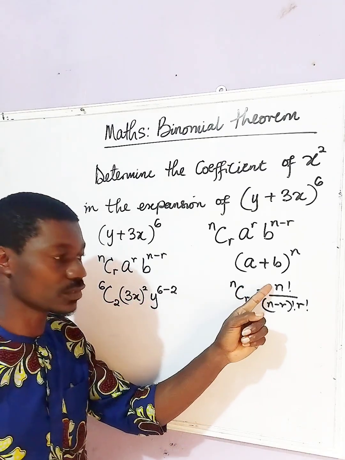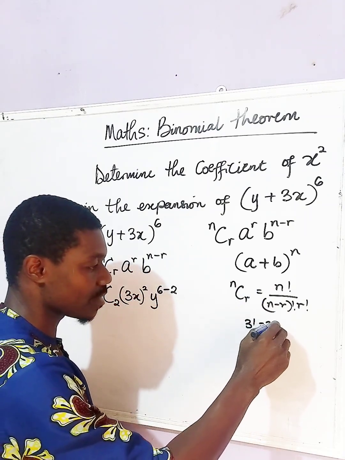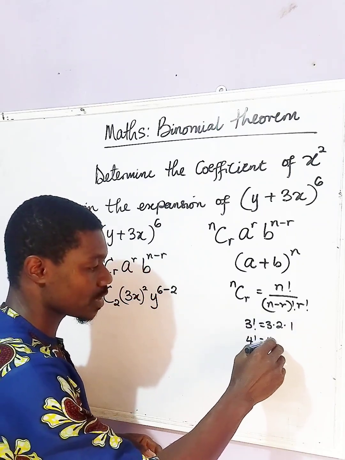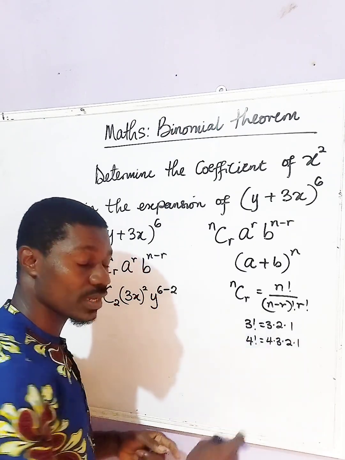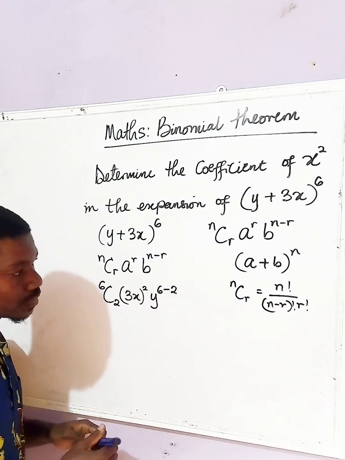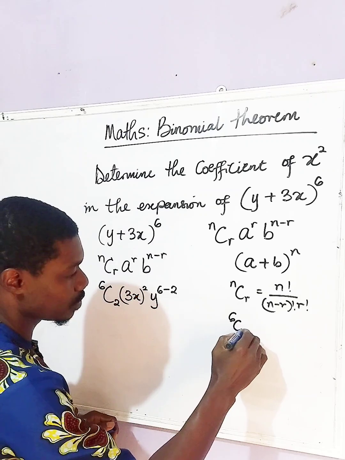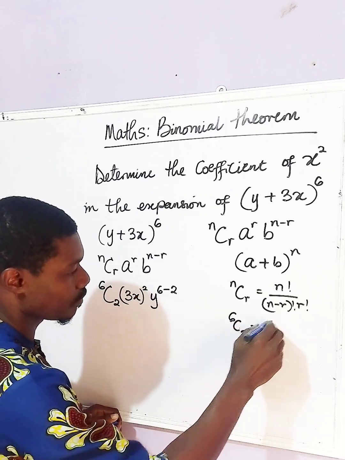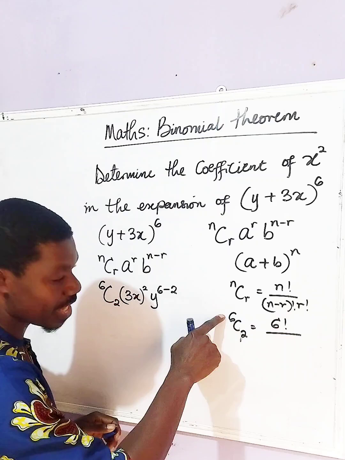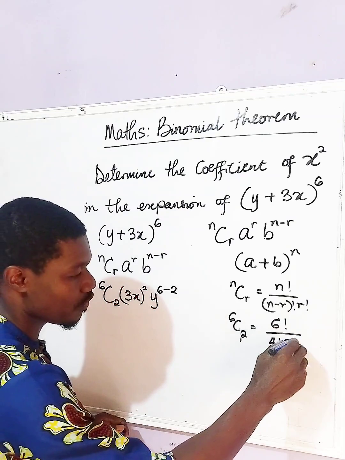In terms of factorial, if you have 3 factorial, it means 3 times 2 times 1. If you have 4 factorial, it implies 4 times 3 times 2 times 1, and so on. Here now, 6 combination 2 will give us 6 factorial all over (n minus r), that will be 6 minus 2, which gives us 4 factorial, then 2 factorial.